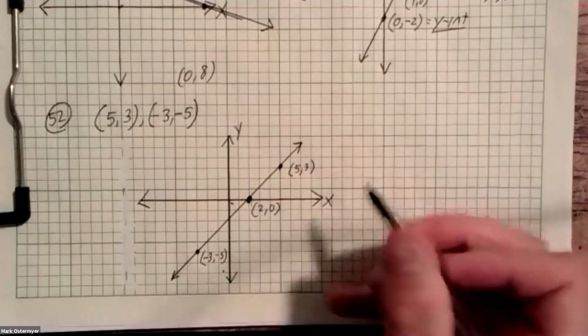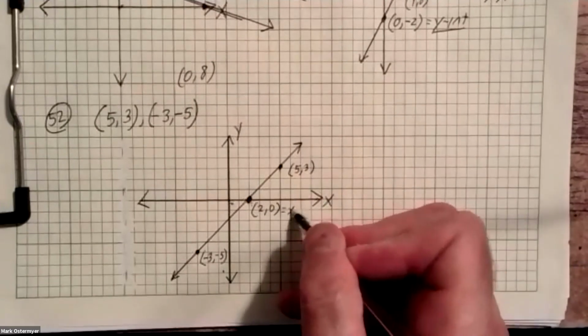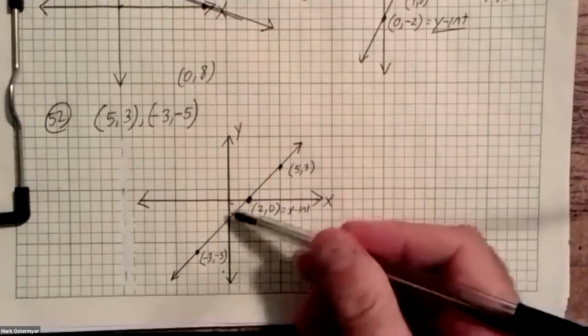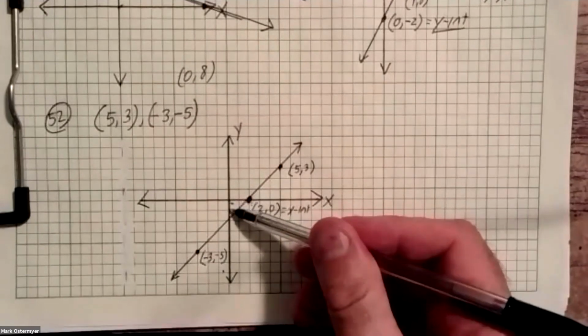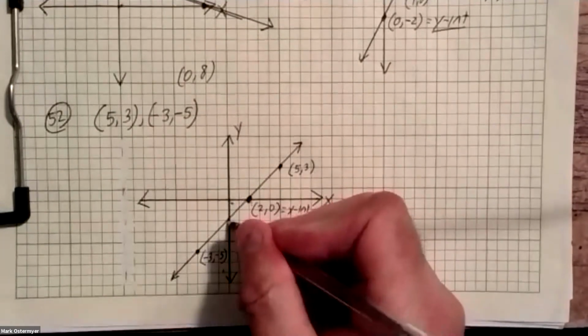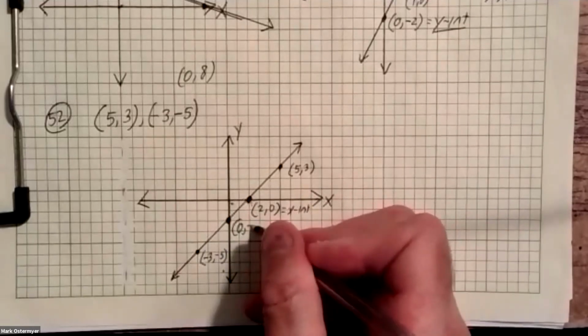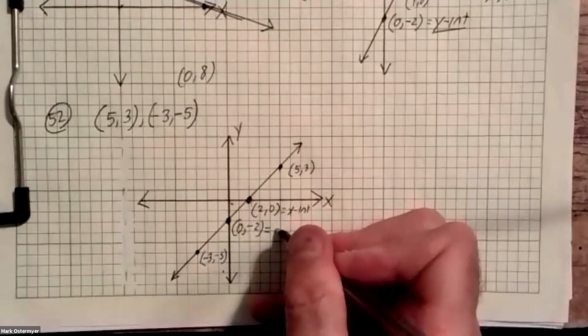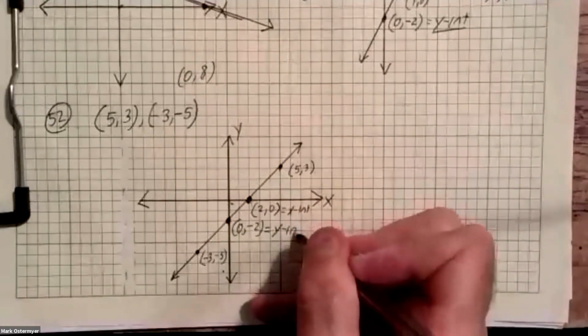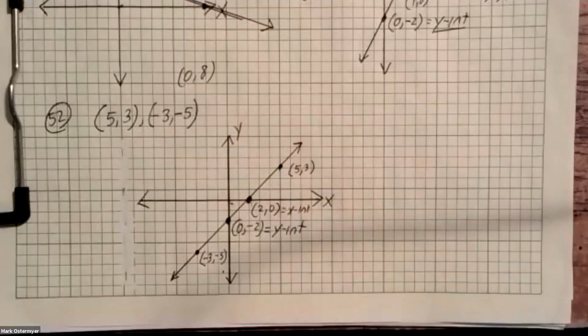What's my y-intercept? 0, -2. 0, -1, -2. 0, -2 appears to be my y-intercept. Do we understand how we got these intercepts here? 2, 0 is the x-intercept. 0, -2 is the y-intercept.